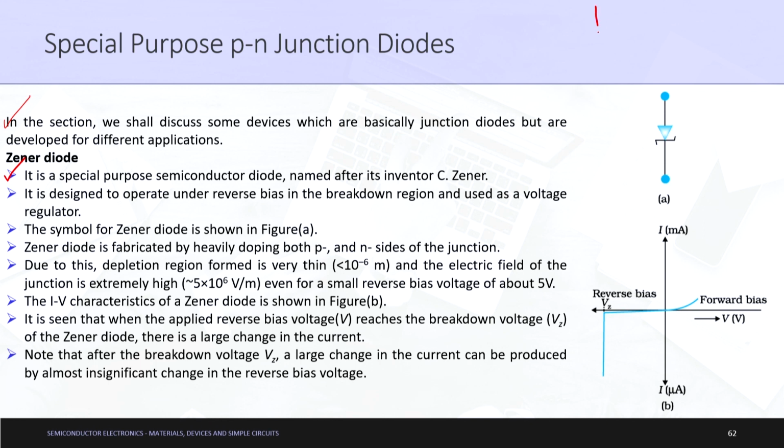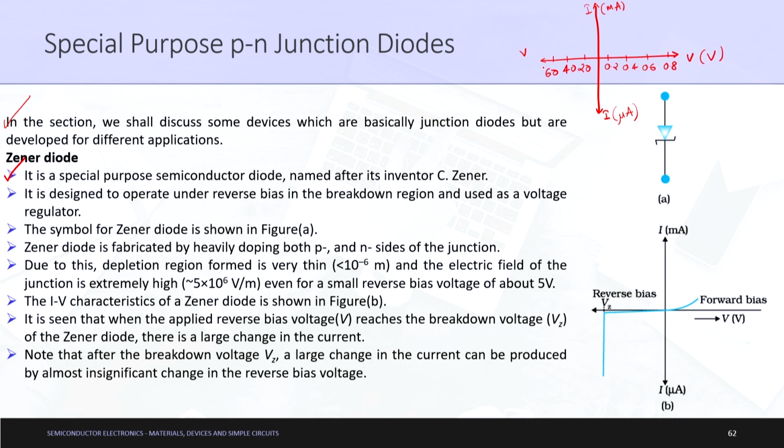We know it for a semiconductor device such that, let us say this is V, this is I, this is again V, and this is I. This is in microamperes, this is in milliamperes, this is in volts, let us say 0.2, 0.4, 0.6, 0.8, this is 20, this is 40, this is 60.